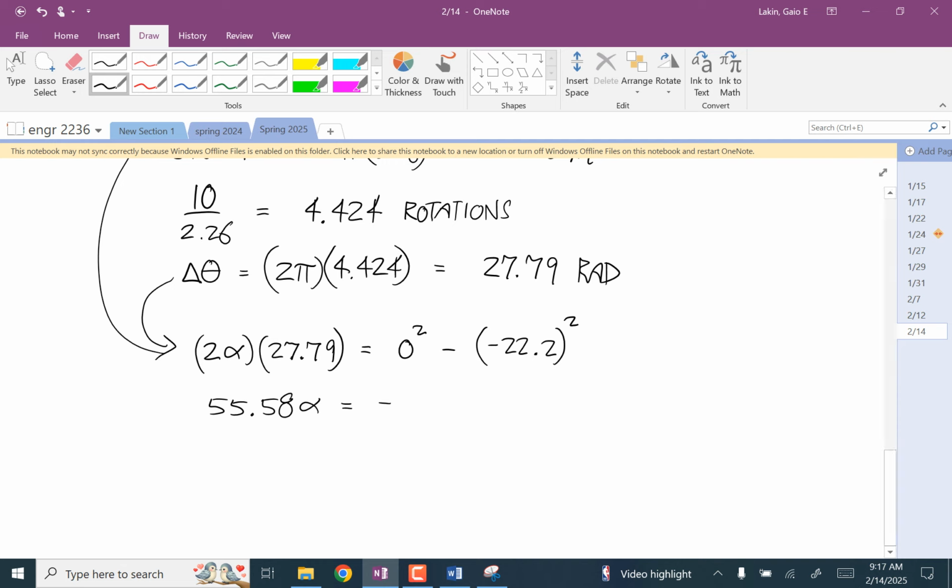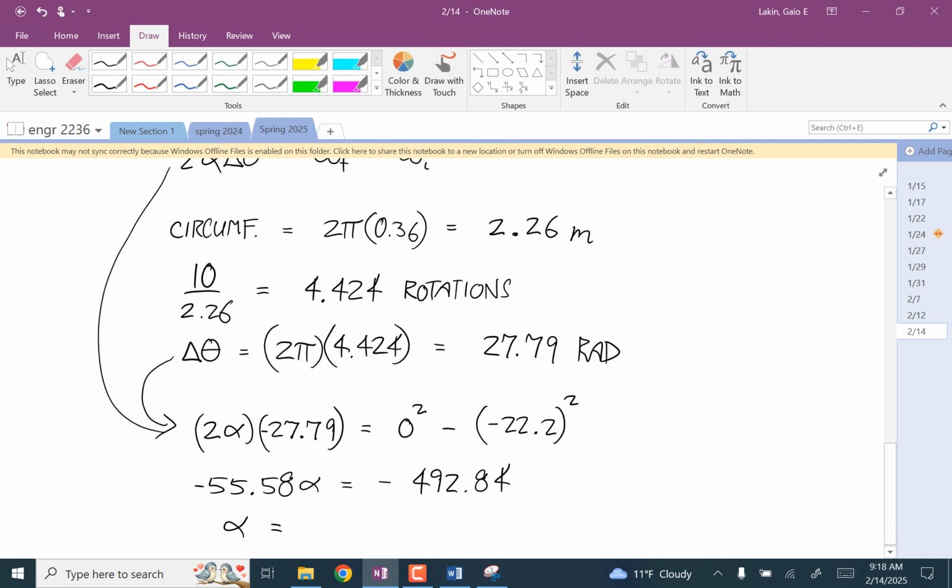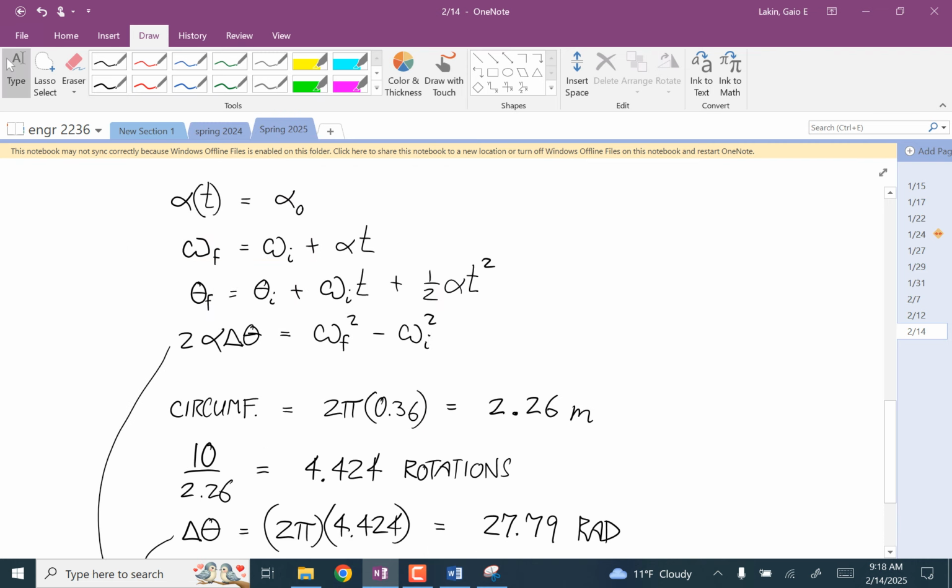And what do you get for that? 492.84. And this change in angle was clockwise, so this has to be negative. So alpha is, okay, so something went wrong here, as you can imagine.